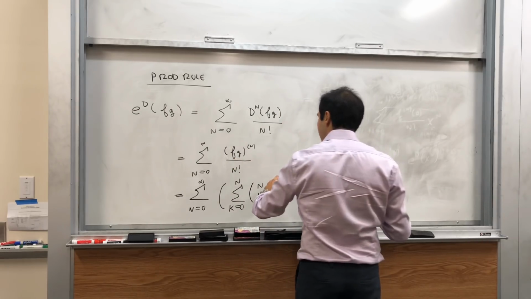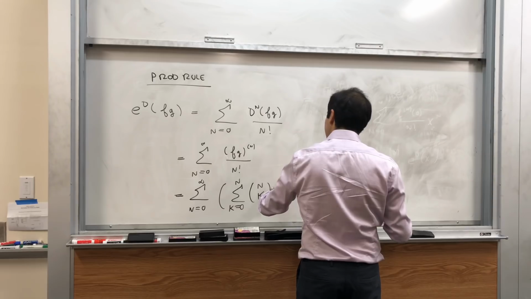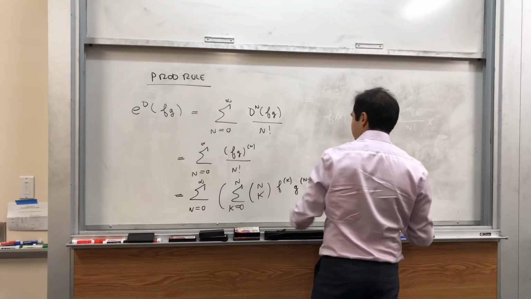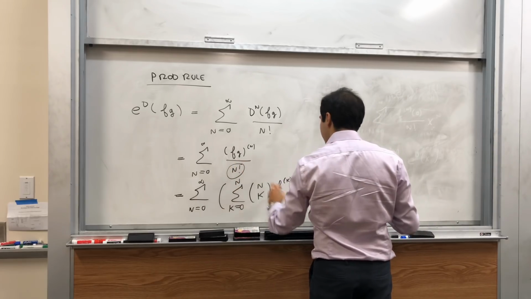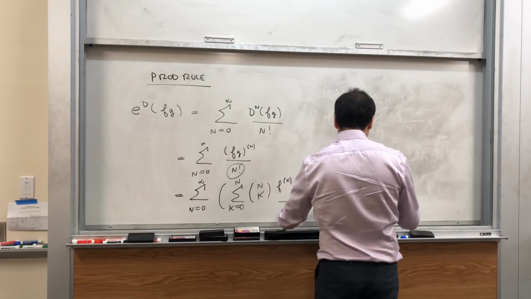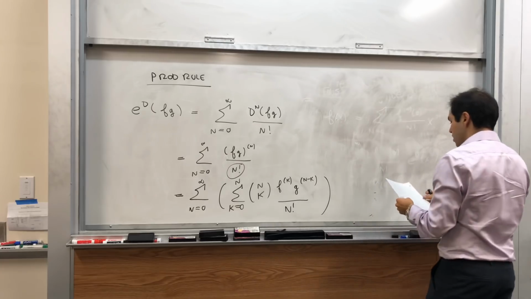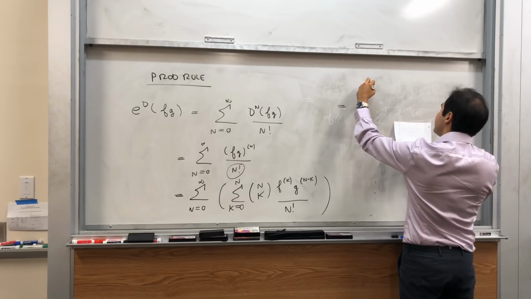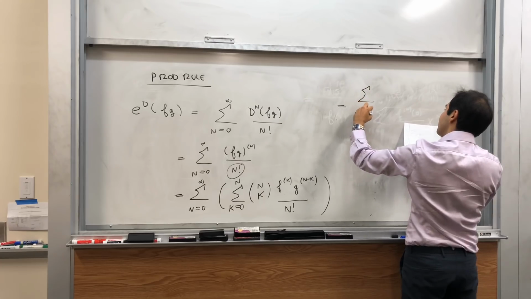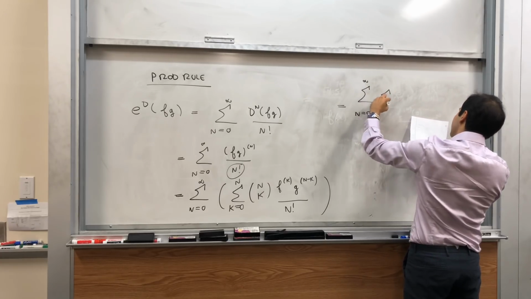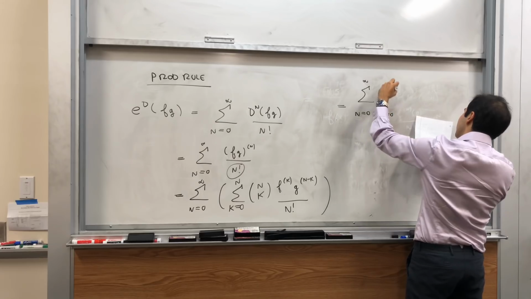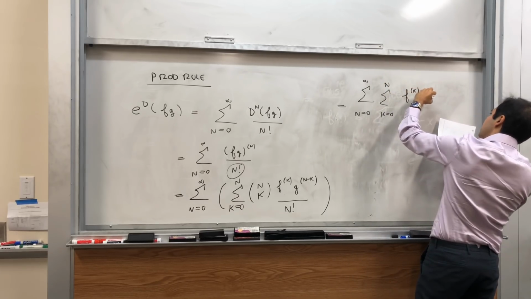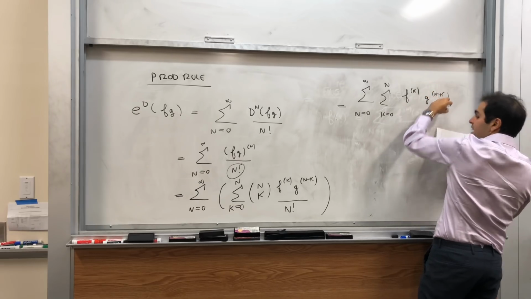You differentiate f k times, and you differentiate g n minus k times. And remember, we still have this n factorial. All right, let's continue. So that is then the sum from n from 0 to infinity, sum from k from 0 to n of f^(k) g^(n-k).